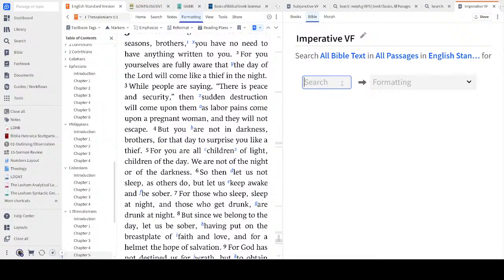Now what we're going to do is make sure it's on morph. We got our verb, and make sure it's on Greek.